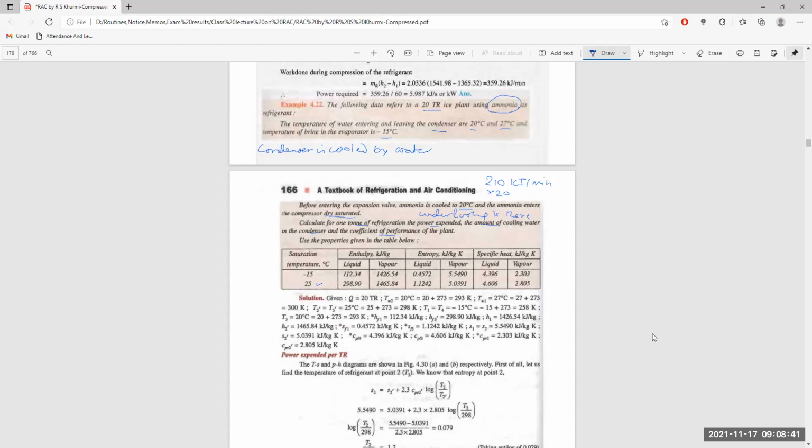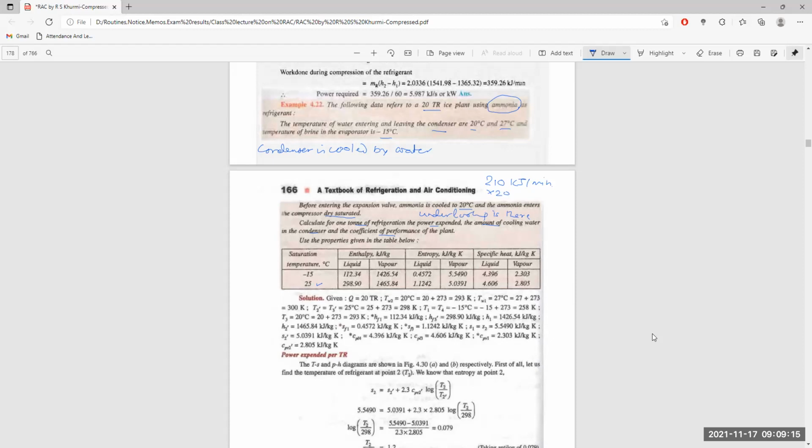So at the inlet of the water, temperature of the water T2 is 20 plus 273, 293 degree Kelvin. Temperature of the water which is leaving the condenser is 27, 27 plus 273 is 300 degree Kelvin itself. And T2 dash and T3 dash is given here as 25 degrees centigrade, 25 plus 273, 298 Kelvin itself.